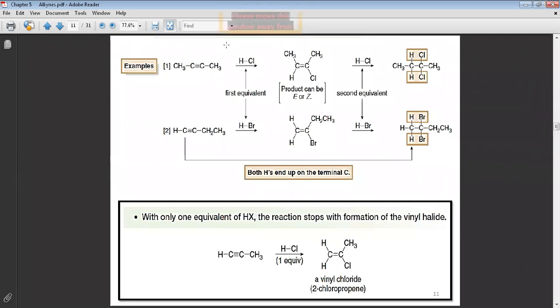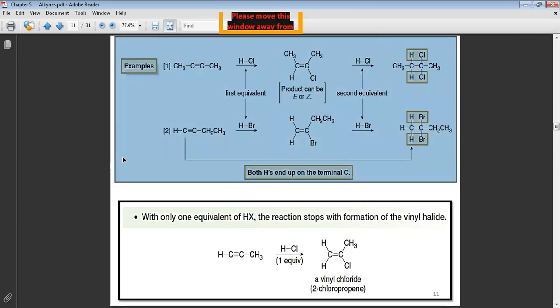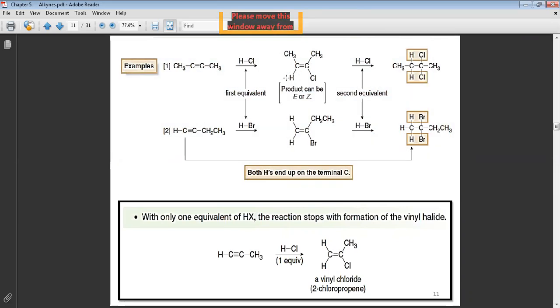The first one is not so important because this is a symmetrical alkyne, that means this part is exactly like this part. No difference. Now check the first step. The hydrogen will be here, and the Cl here. That means the triple bond converts to the alkene.